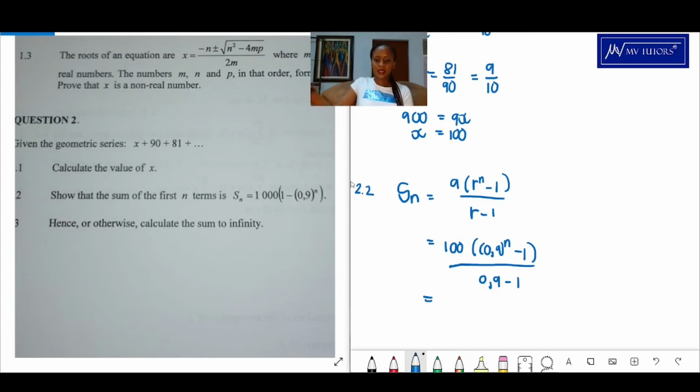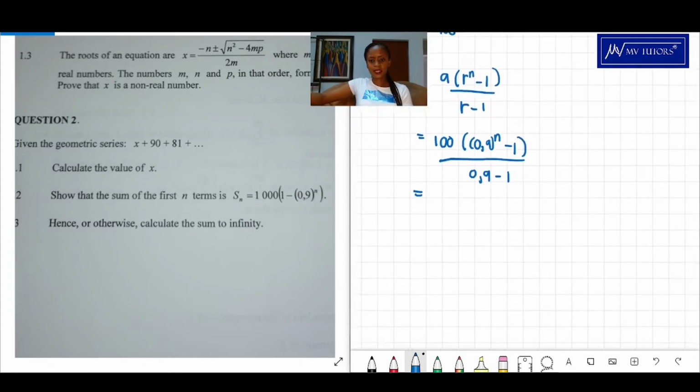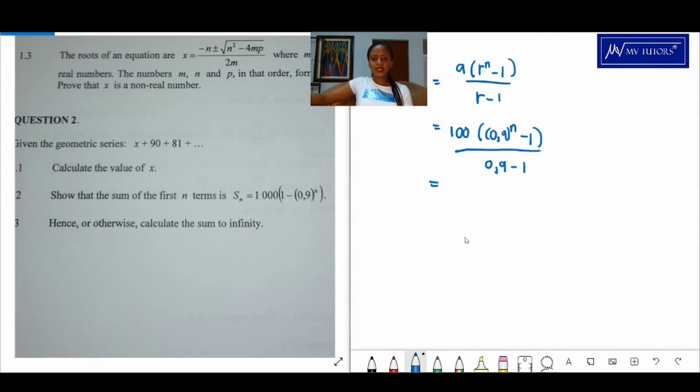Now let me shift the page a bit up. If I multiply this 100 in, I actually have negative 100. Oh, actually, no, I'm deviating from what we have been given.